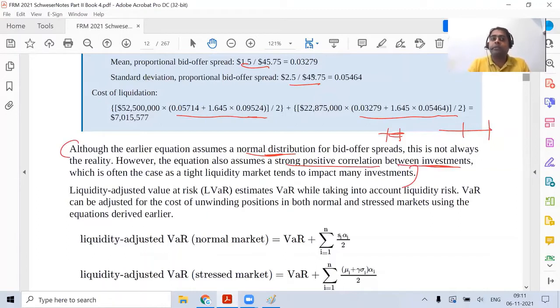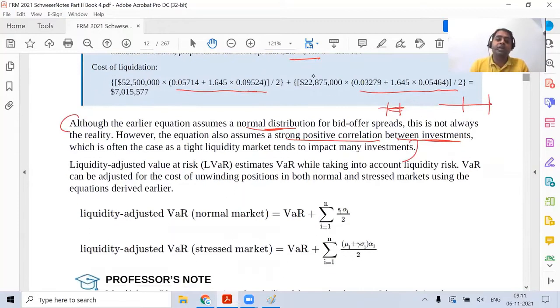Now, why is this a problem? The reason is that in a non-normal period, the risk can increase very fast, and because every asset in the portfolio would behave in a similar way, hence you have a liquidity adjusted VaR. This concept is also going to come again in your other chapters in the liquidity risk book.